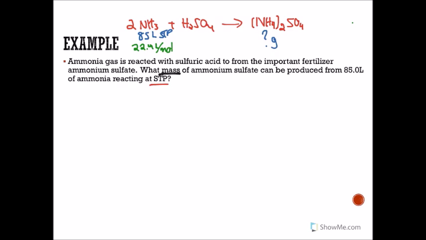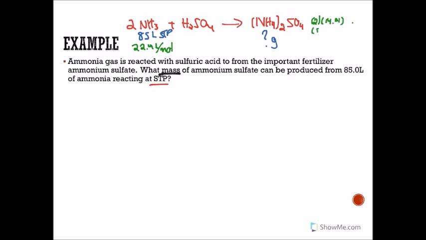So if we do that here, we need to find the molar mass. This one's kind of a large molecule, so I'll write it down here. We have 2 nitrogens, so 2 times 14.01.